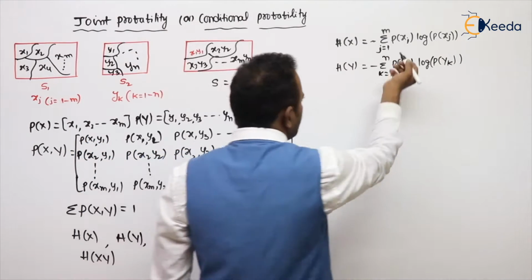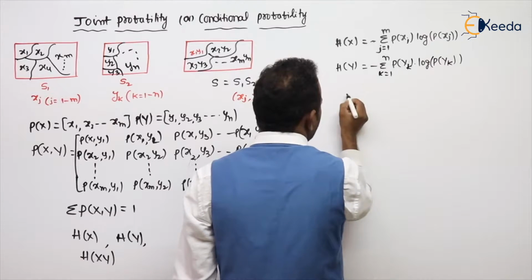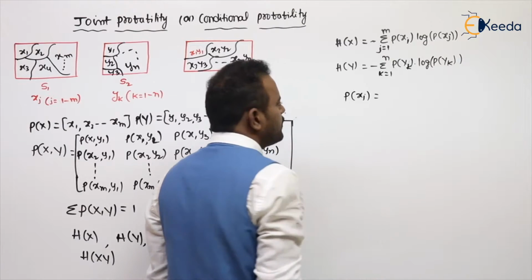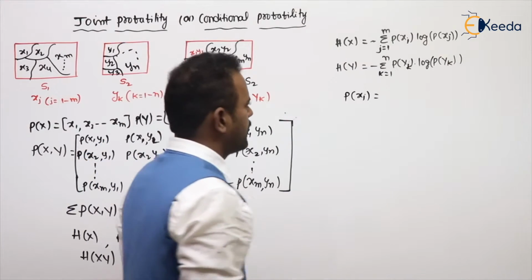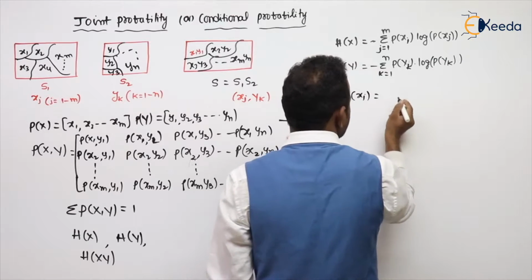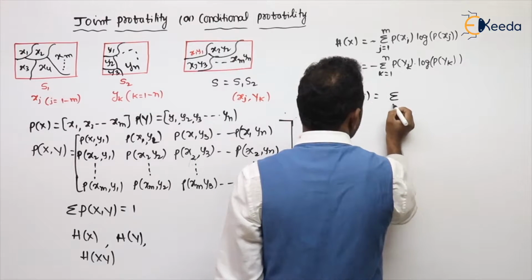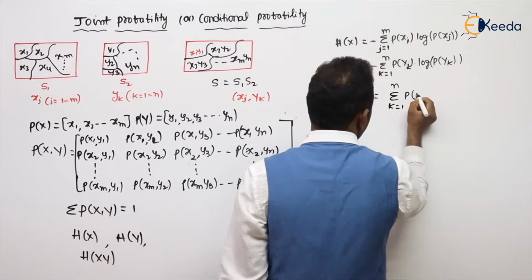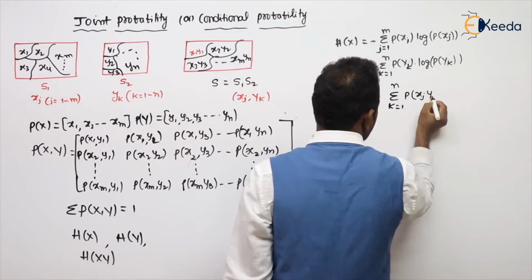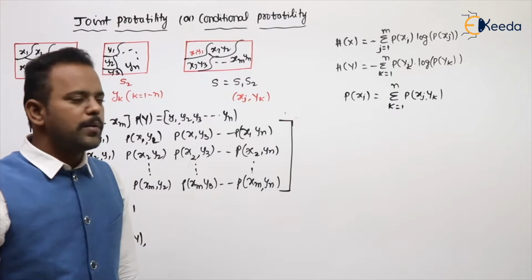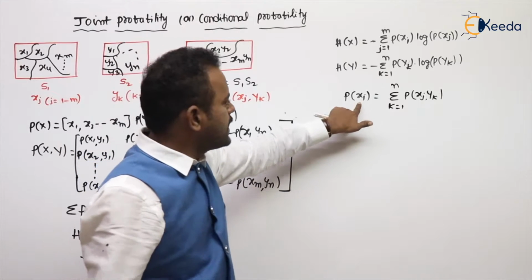Now, here we can also write P of xj, it may be in connection with any of the symbols, that is nothing but summation k equal to 1 to n, P of xj yk. Means k equal to 1 to n is a complete set.